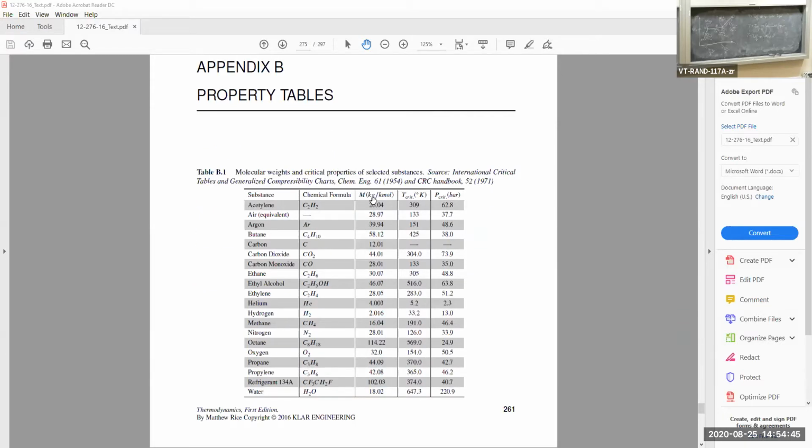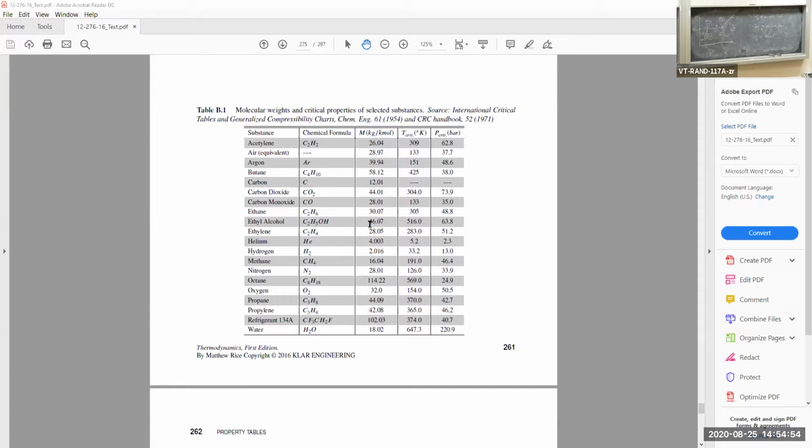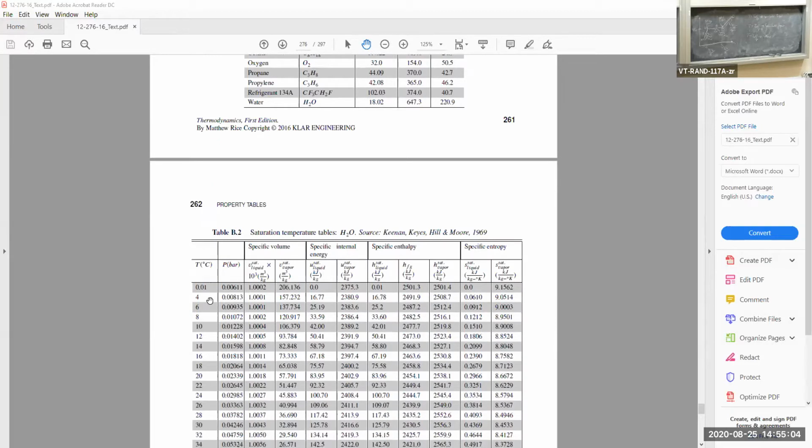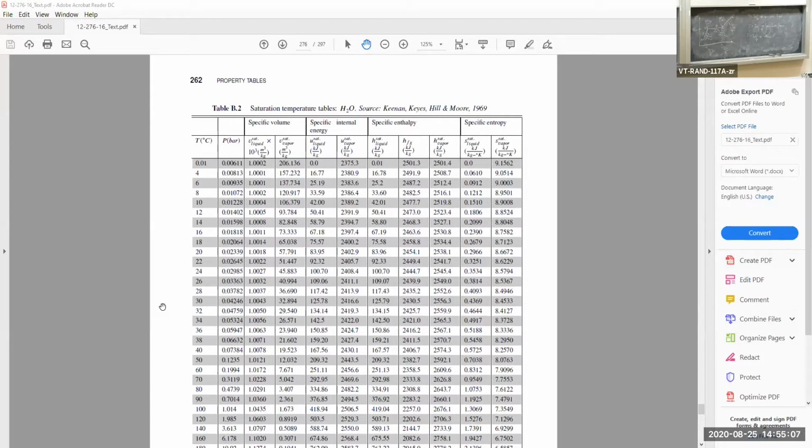You have some molecular weights. Don't worry about this T-crit and P-crit just yet. You got some chemical formula, molecular weight for various things. So here we have water down here, H2O. Molecular weight, kilograms per kilomole, is 18.02. We got this from chemistry. Look at table B2.